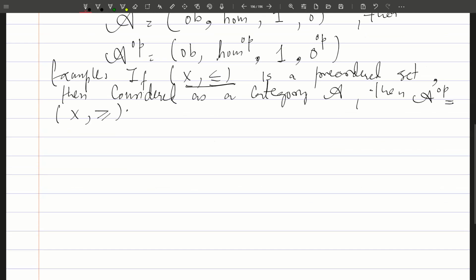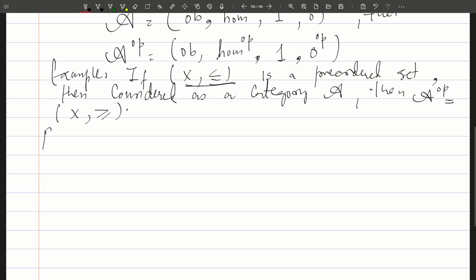So we have one final remark here. Why do we need this dual concept, the principle of duality? The principle of duality is fundamental to category theory.